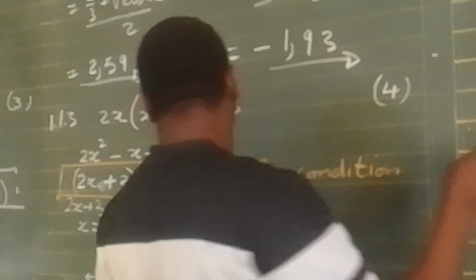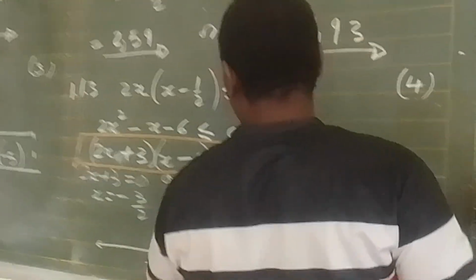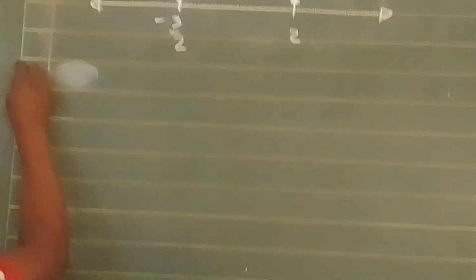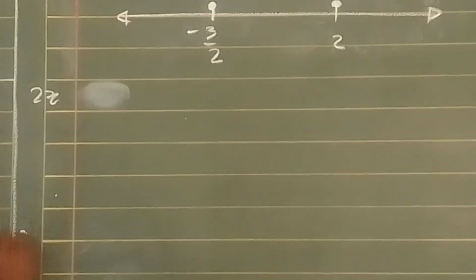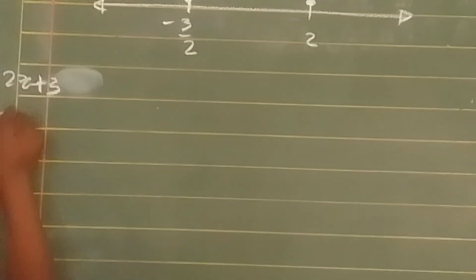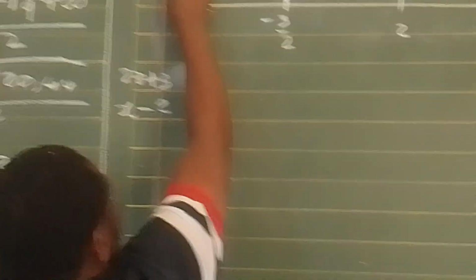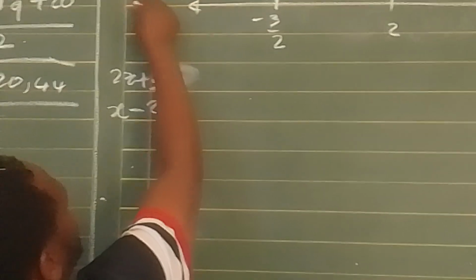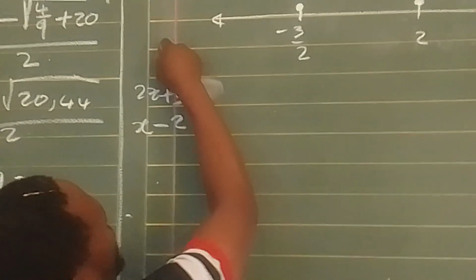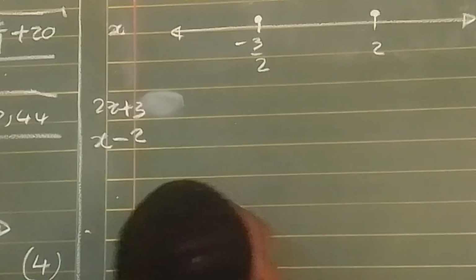And then we come and take the factors that we have just found, the factors of 2x plus 3 and x minus 2. This is what we are going to take, and this is our x. Let's say our x is right here, right? This is the value of x.